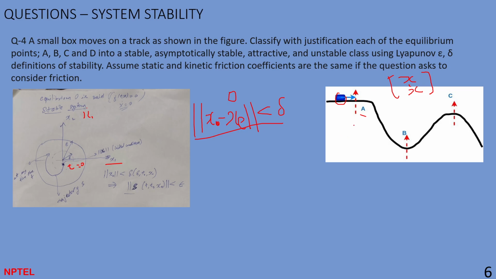It's a small push, not an excitation. That push is x equal to some small value and x dot equal to some small value, which is what delta denotes here.